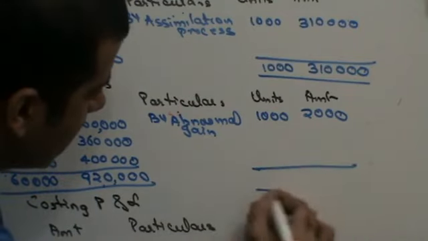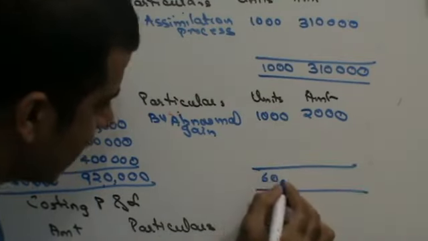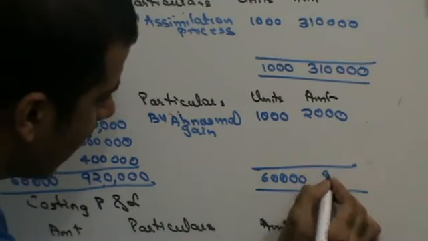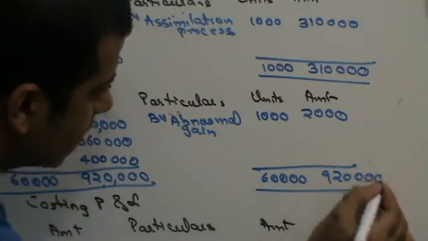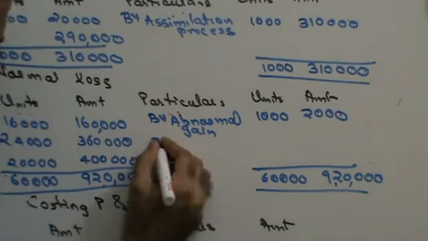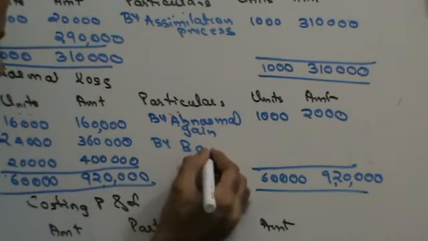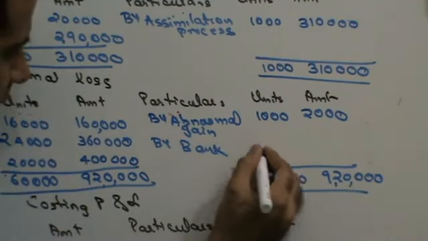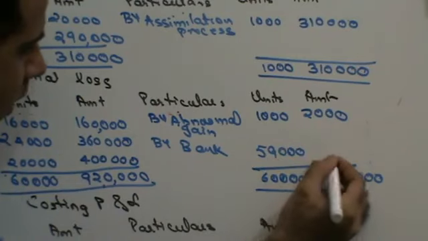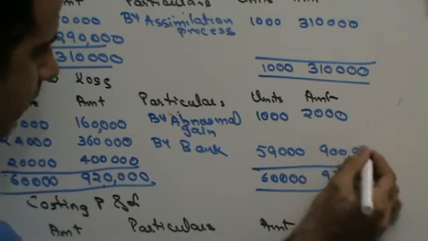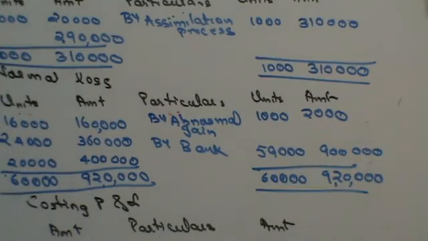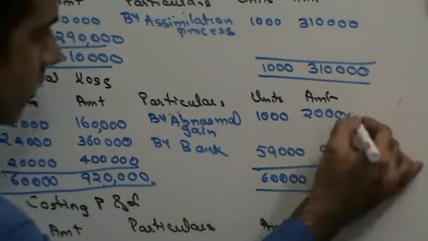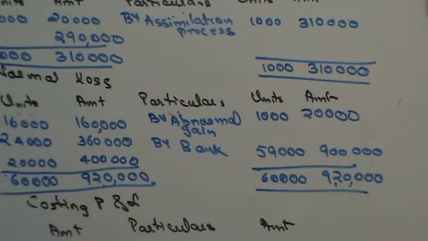So this is going to be 60,000 units and 9 lakh 20,000. So this will be by bank 59,000 and 9 lakhs 20,000. Okay. Now let's come to costing P&L.